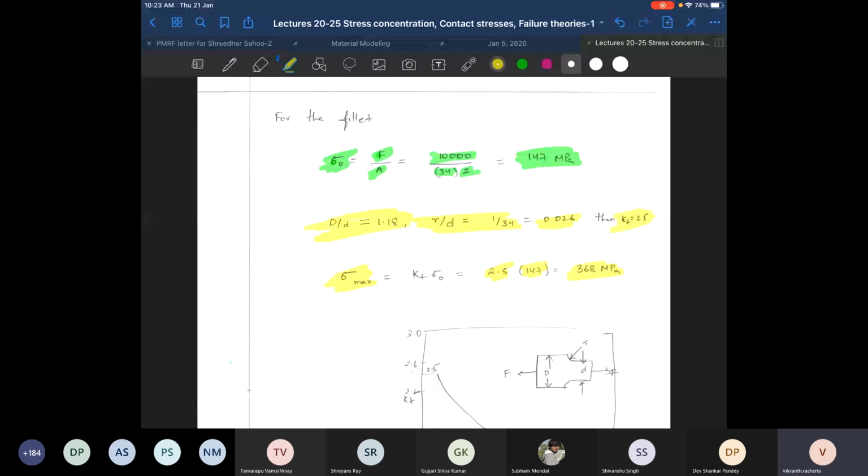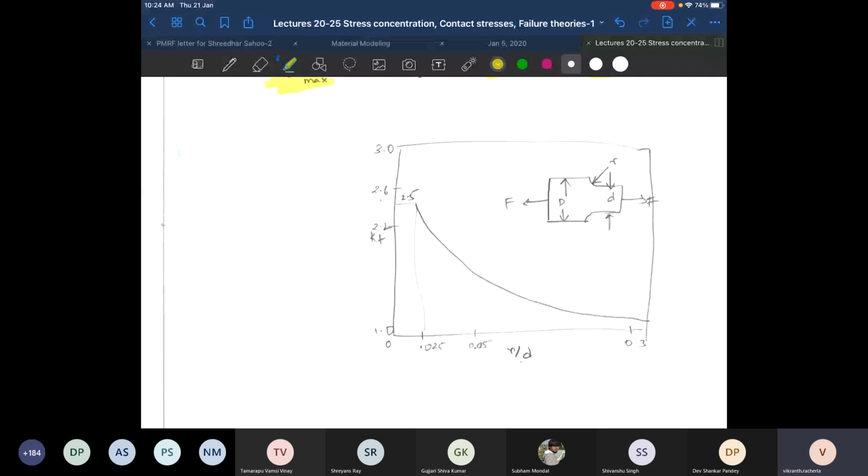Now, the hole diameter you can't really change because that will be decided by the application, but the fillet is something that you can play around with. So if you want to reduce the stress at the fillet, what is the simplest solution?